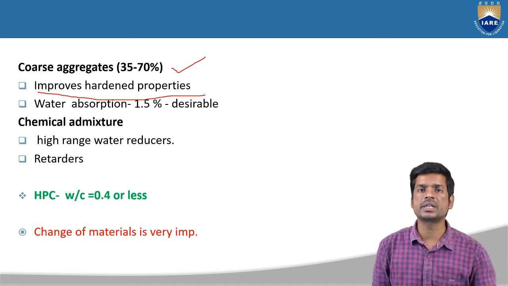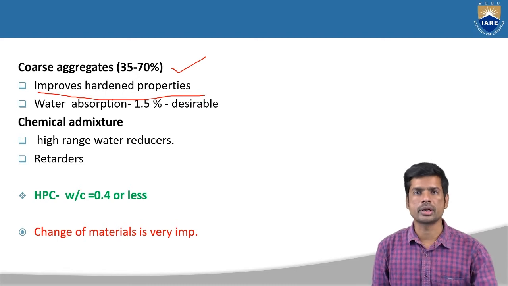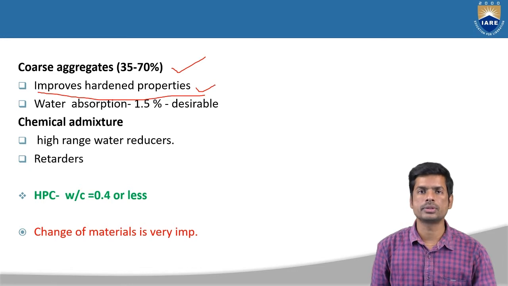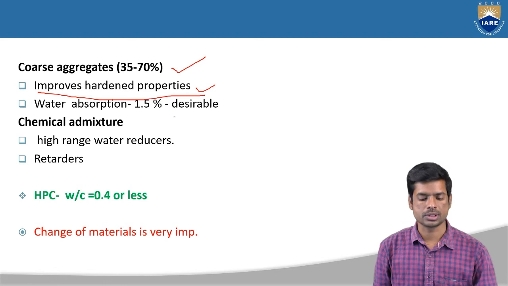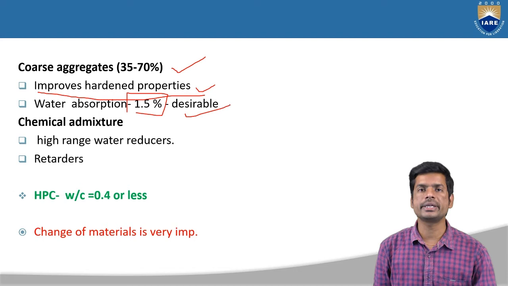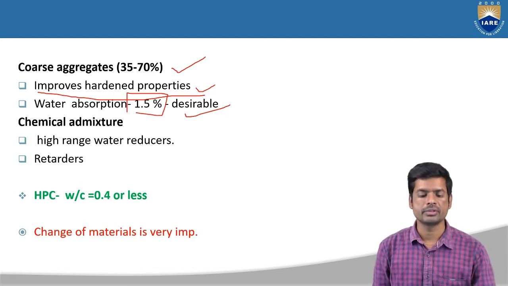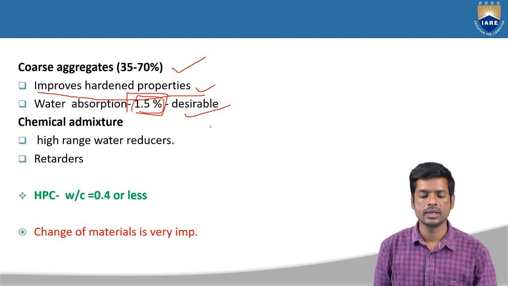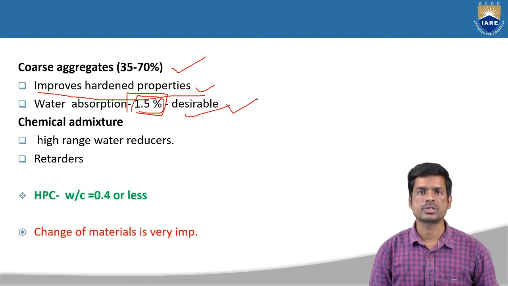That means after reaching the hardened state, we check the compressive strength, tensile strength, and flexural strength, and these properties improve. Next, water absorption will be 1.5 percent, which is desirable in any concrete. The water absorption for this type of concrete is very low, and this is the desirable percentage we can use in construction.